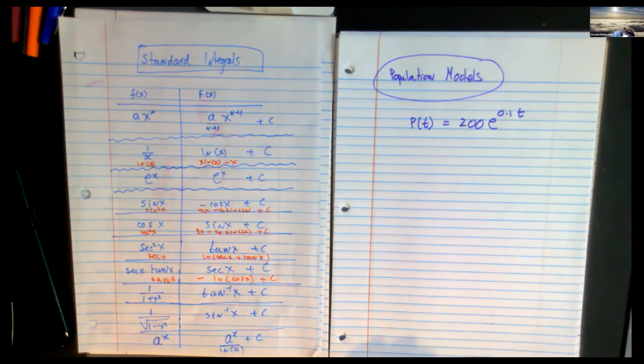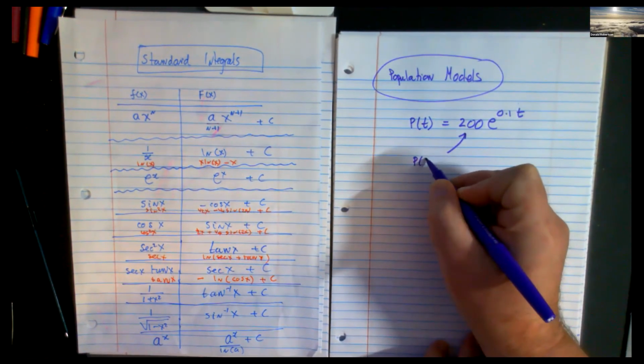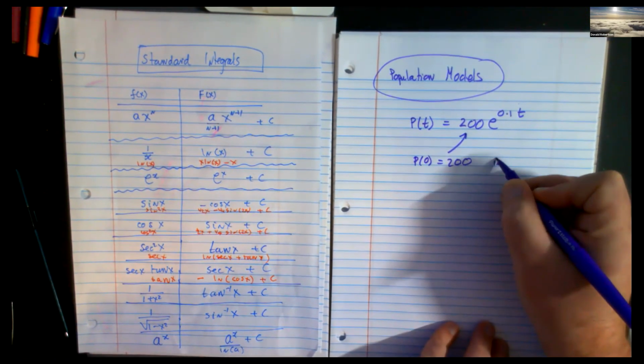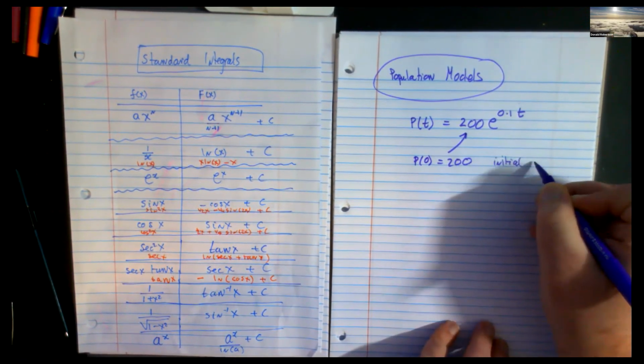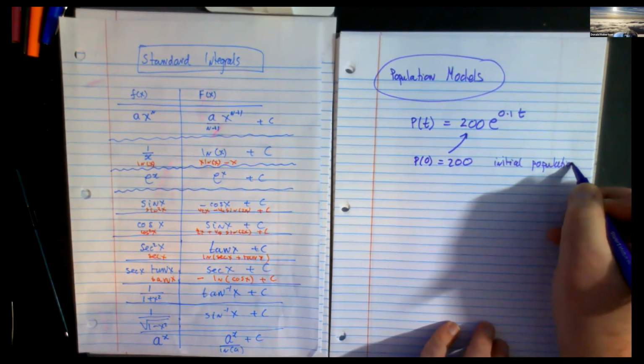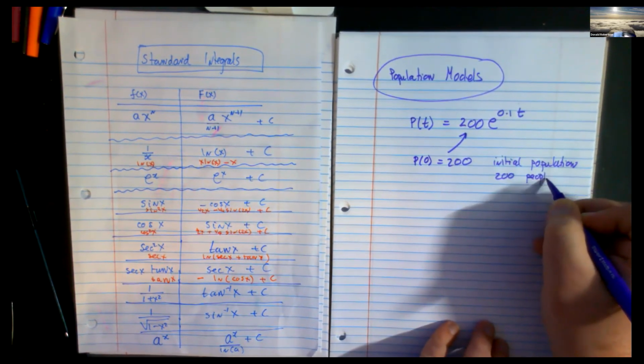Now, there are two numbers in these. The population at time 0 is 200. So in this story, the initial population, sometimes they use that exact term, that the initial population of a town was 200 people. So it's a tiny little town in the desert.